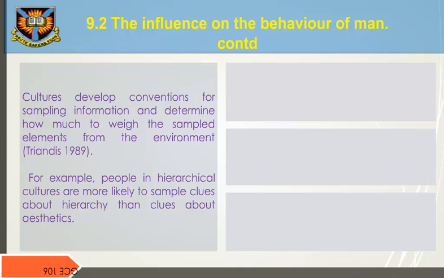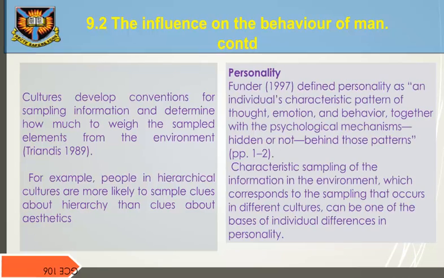Cultures develop conventions for sampling information and determine how much to weigh the sampled elements from the environment. For example, people in hierarchical cultures are more likely to sample clues about hierarchy than clues about aesthetics.